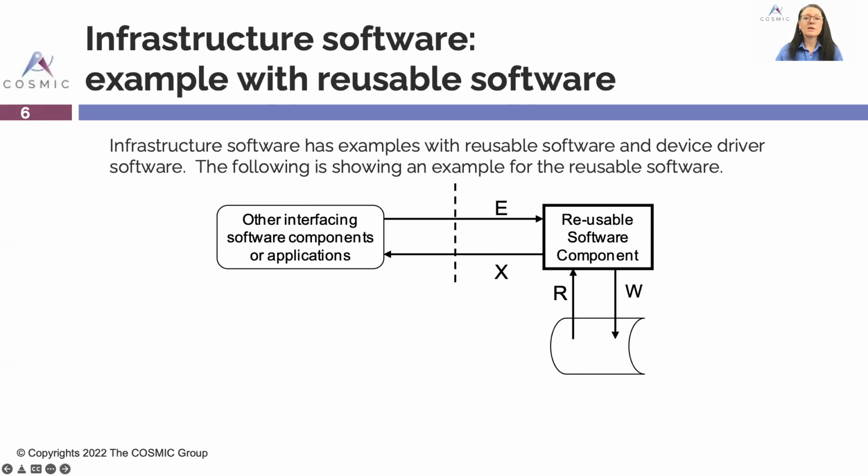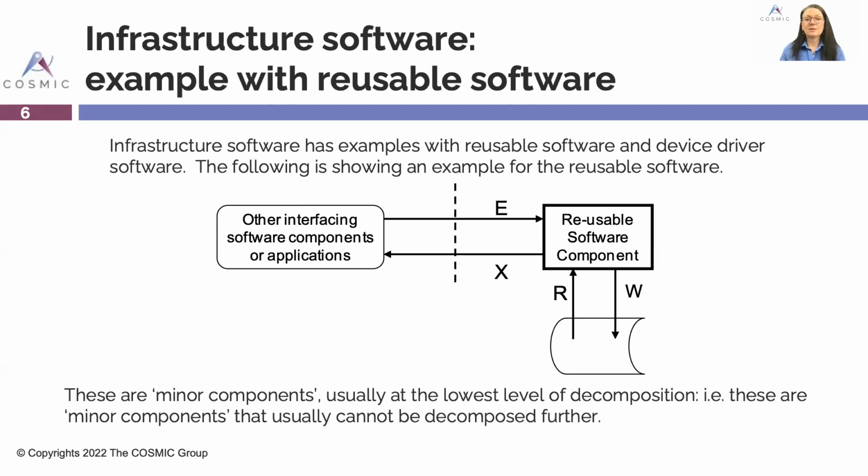Now we're talking here about a reusable component. It could be services or microservices as well, and any other reusable component. These are called minor components, usually at the lowest level of decomposition, meaning that these are minor components that usually cannot be decomposed any further.